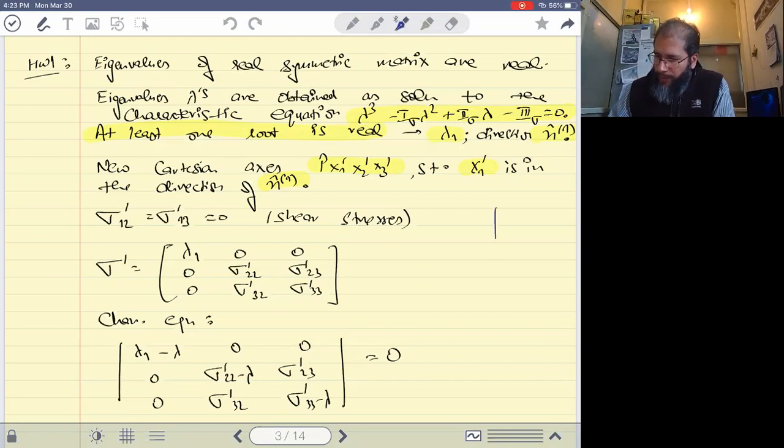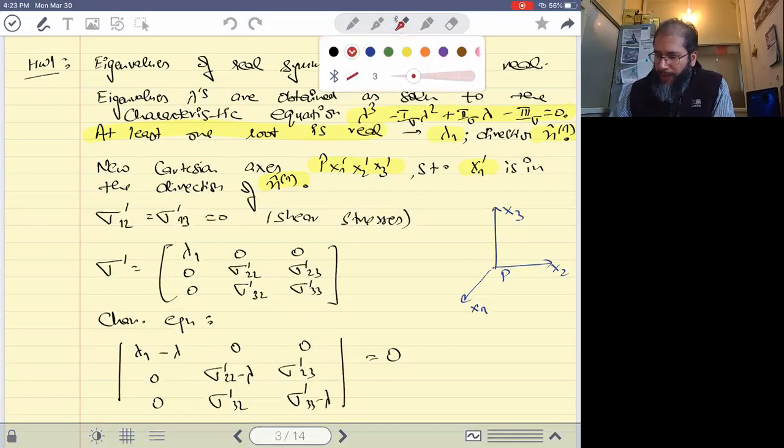If I take the initial axis as x1, x2, x3, then I can form a rotated axis so that the x1 prime direction is in the same direction as n1.